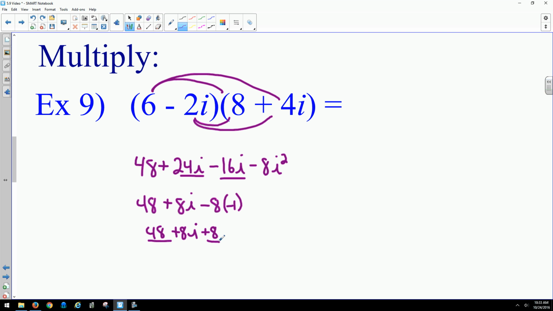So I can go ahead and combine those two, and I'm going to write this in a plus bi form, which is how you should write complex numbers. So 48 plus 8 is 56, and then bring down the 8i. Okay, so all the same procedures for multiplying two binomials, but you have to just address that i squared.